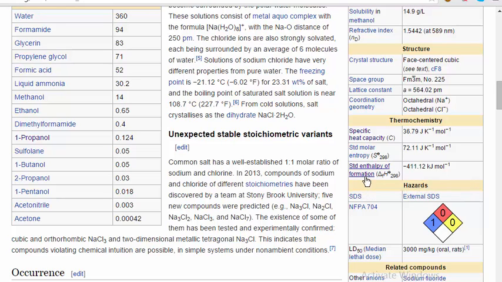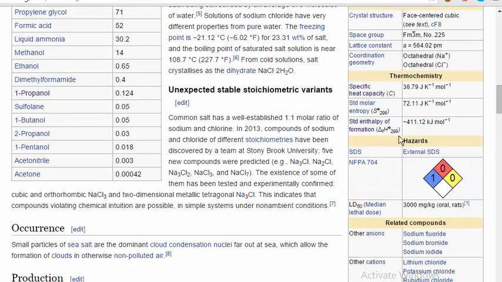So to form sodium chloride from sodium and chlorine, it will have an enthalpy of negative 411 kilojoules per mole. Again, sodium plus chlorine will have an enthalpy of negative 411.